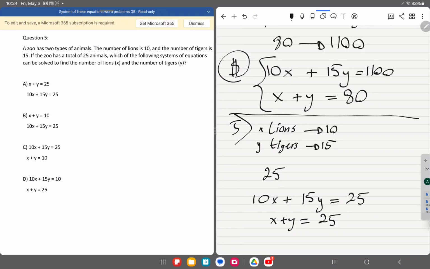There is no other option over here. 10x and 15y is equal to 25. But if I say the number of lions and the number of tigers is equal to 25, it's not consistent. There's something missing here.